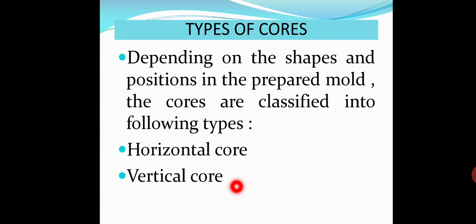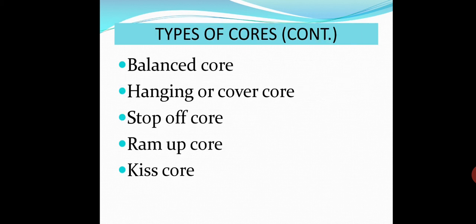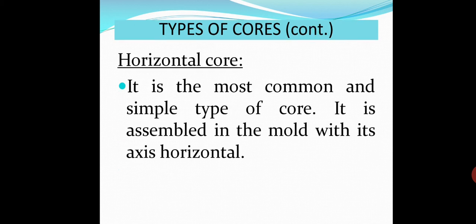So depending on the type of preparation, core is divided into two types. But depending on the shape and position in the prepared mold, the cores are classified into the following types: horizontal core, vertical core, balanced core, hanging or cover core, stop-off core, ram-off core, and key core.